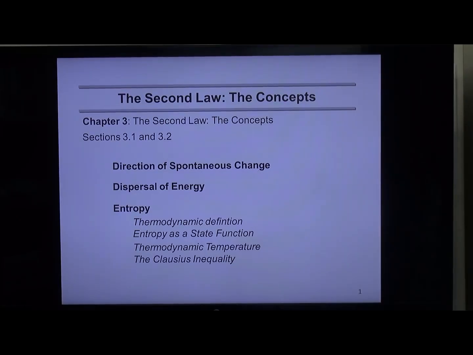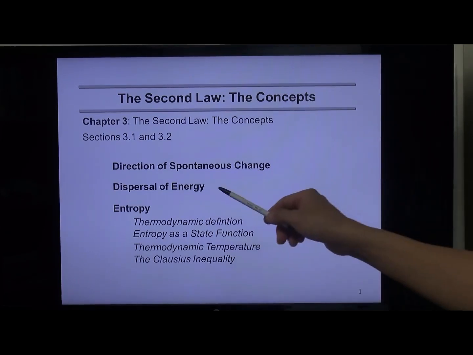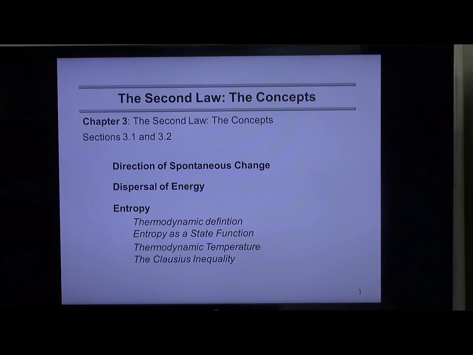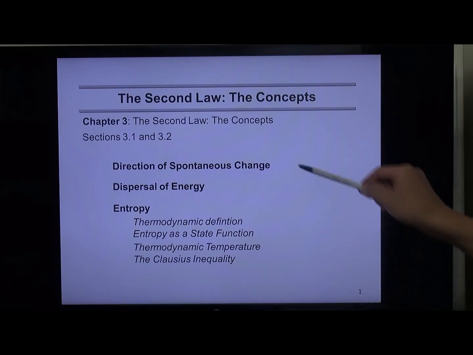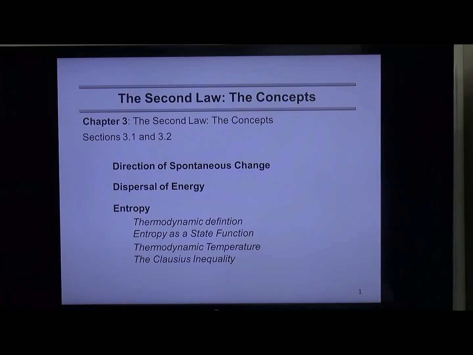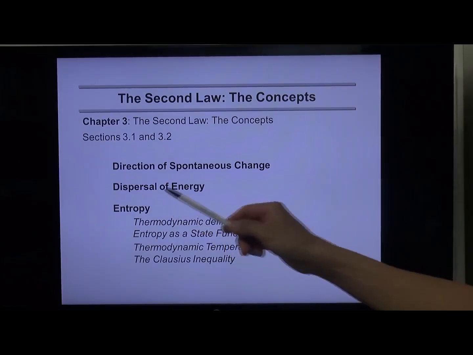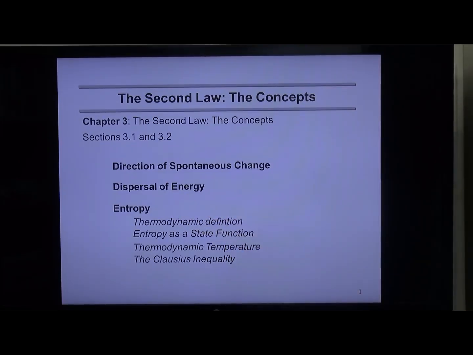That direction of spontaneous change is related to the dispersion of energy, which we haven't covered yet. To explain this direction of spontaneous change or dispersion of energy, we need a new concept, a new variable called entropy. And based on the concept of entropy, we can explain these behaviors. Okay?